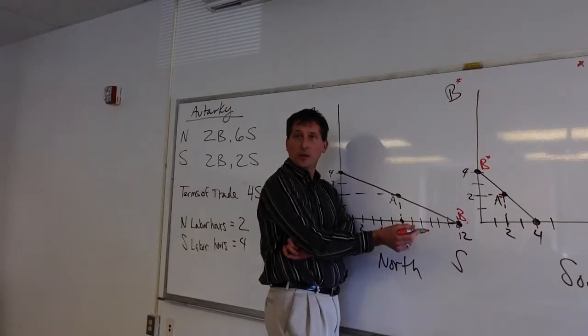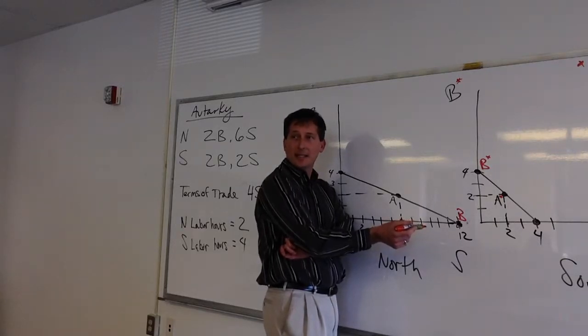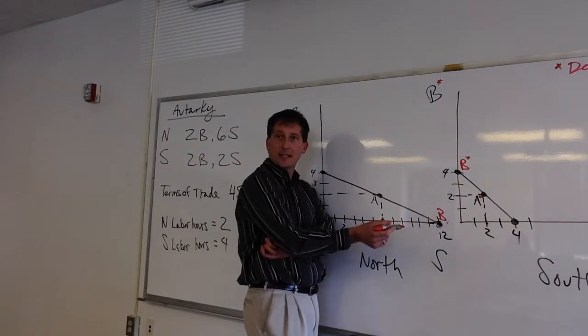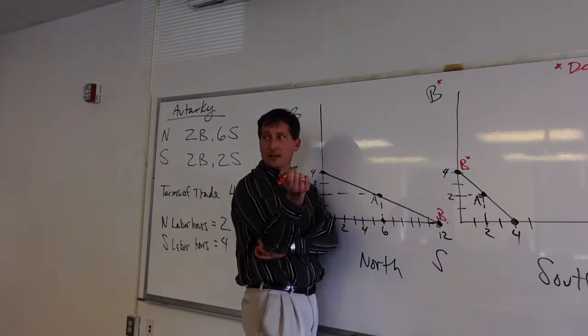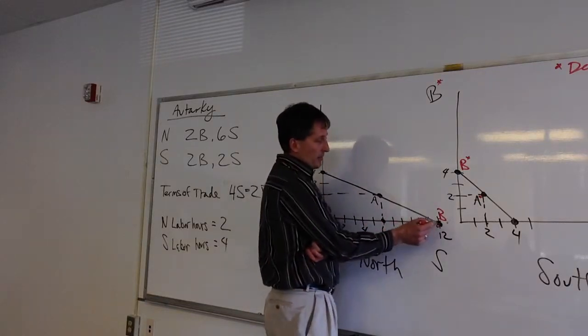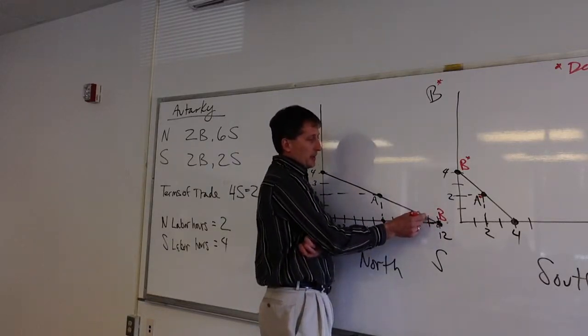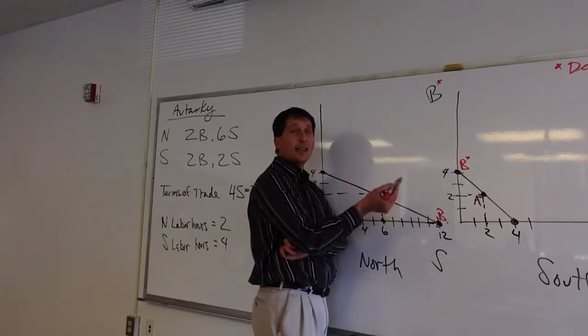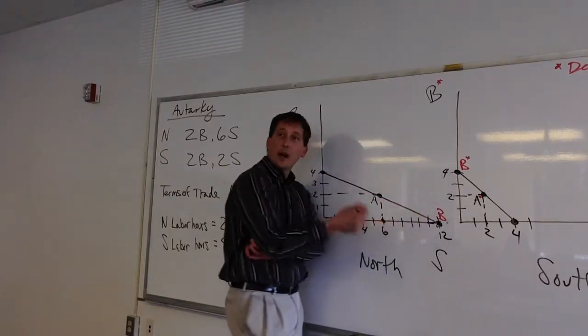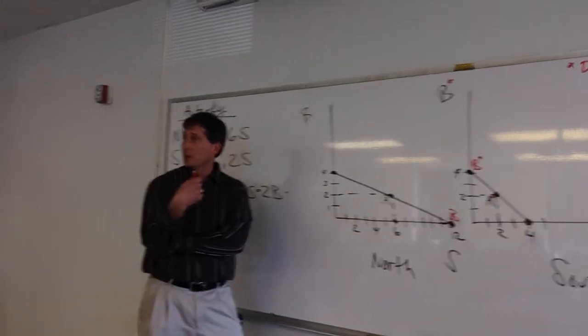A third. So what do I need to get from a trading partner if I sell that? More than a third, right? This is what I can do myself. So if I can get anything greater than a third, I'm going to be made better off than what I could do myself.